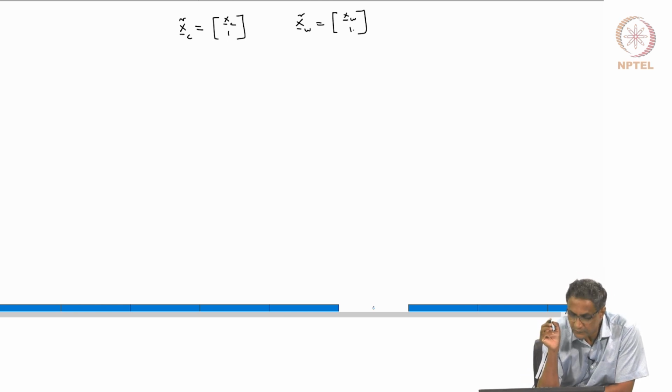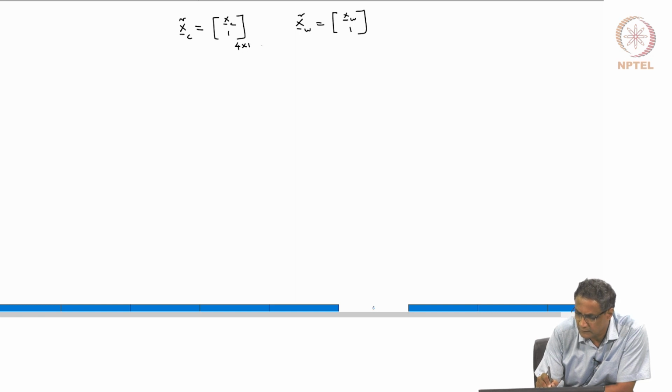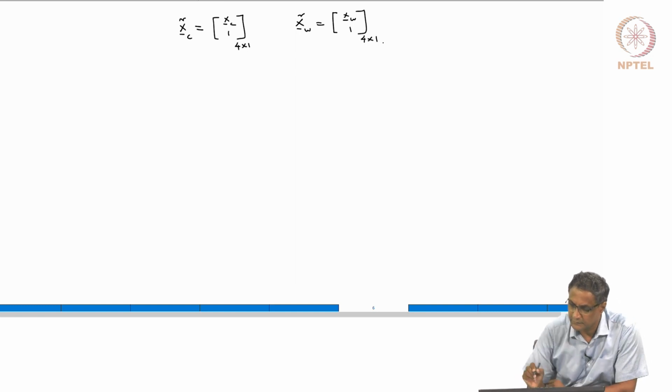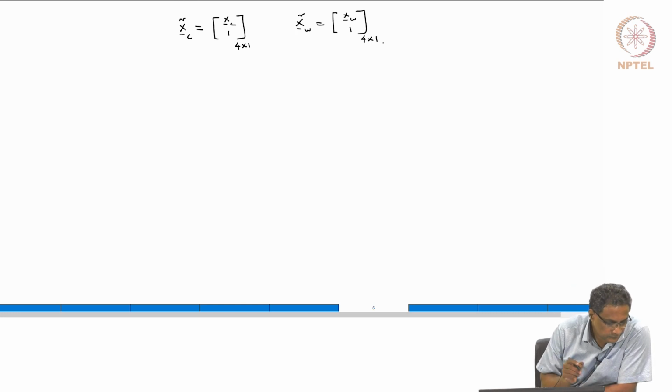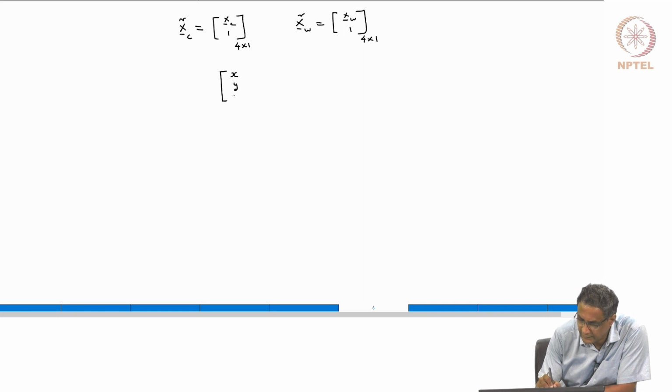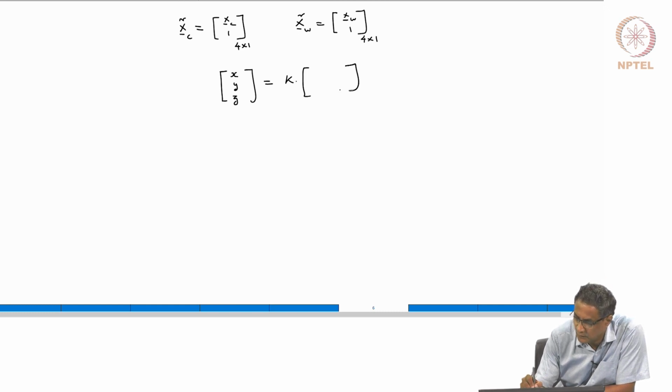Now this is 4 cross 1, this is also 4 cross 1. And what this means is that earlier, what we had, x, y, z, is equal to that K matrix, in its most general form, then 1 0 0 0, 0 1 0 0, 0 0 1 0, and then I had here xc, yc, zc, 1.